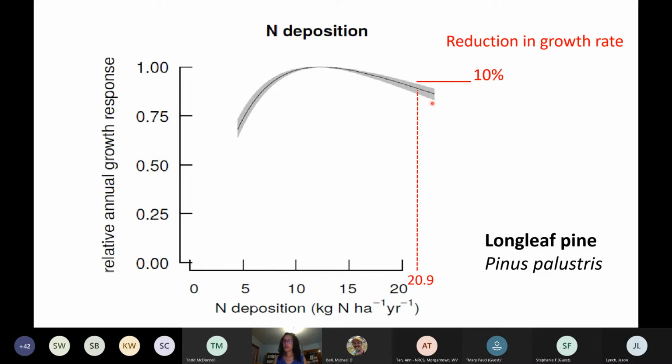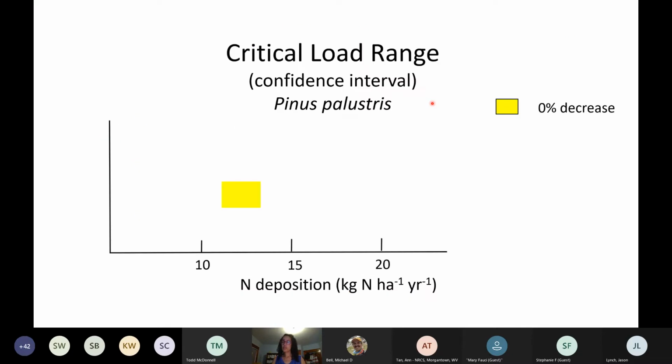So if we want to consider what this means for the critical load, we can show the critical load as a range using the confidence interval around the maximum growth point on the curve, which is the critical load. So this range would be the area of the critical load. One of the strengths of this is that we can quantify the analysis, and so we can show, say, a manager what range of deposition would be associated with a 1% decrease in growth.